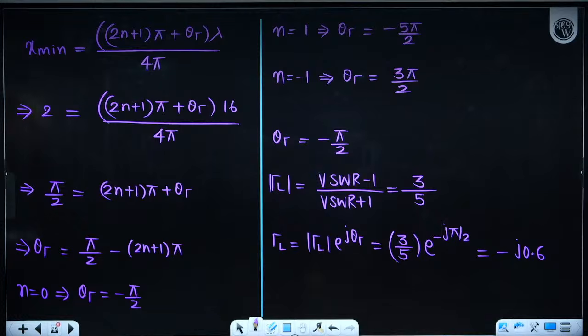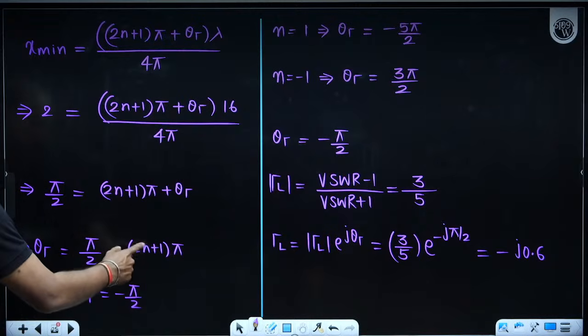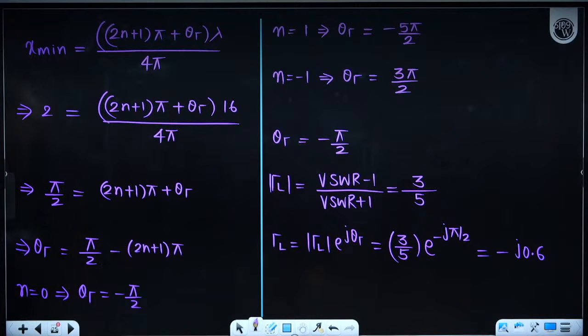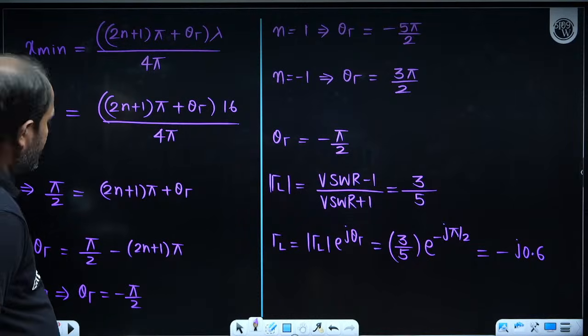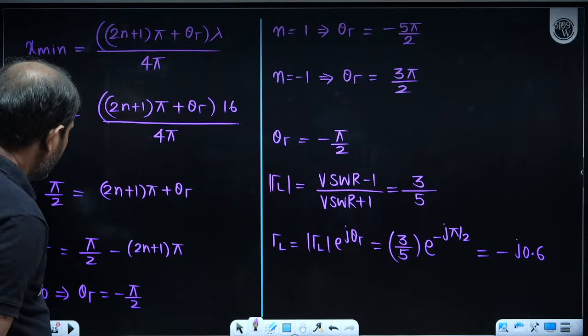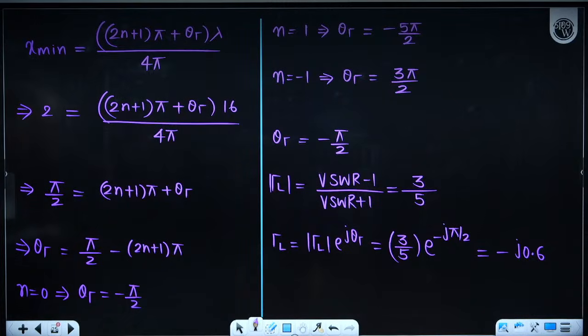If I take n is equal to 0, it will be minus pi by 2. If I take n is equal to minus 1, so minus 1 plus 1, minus pi, minus minus plus 3 pi by 2. And n is equal to 1, 3 pi by 2, 3 twos are 6, minus 5 pi by 2.